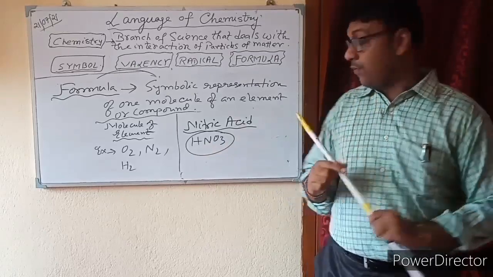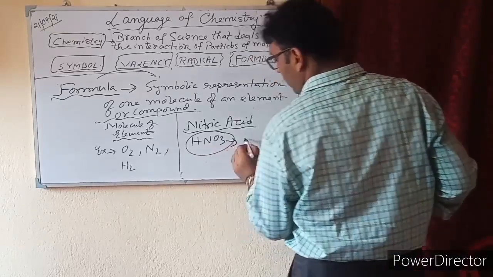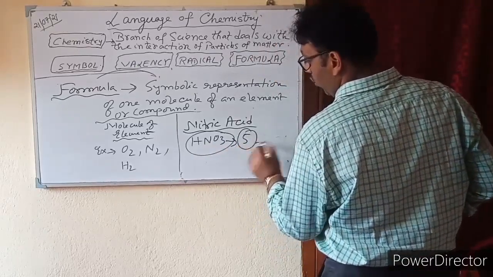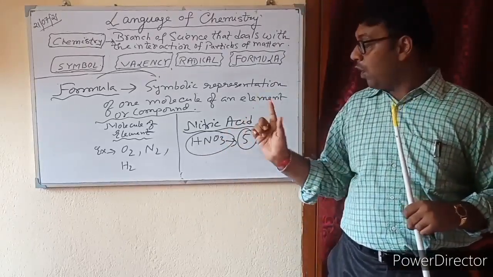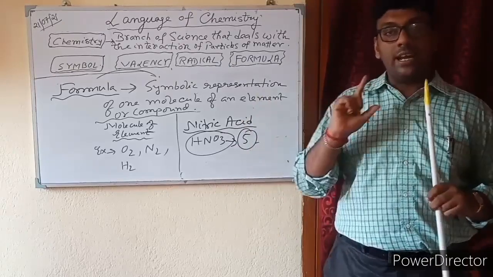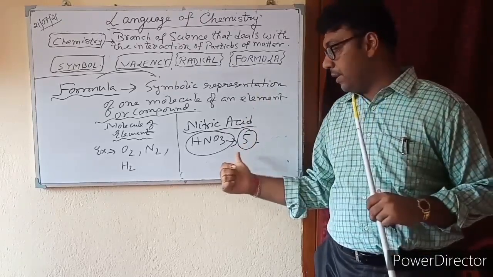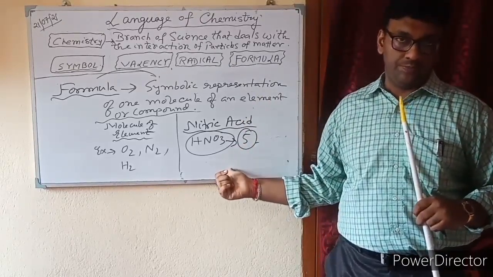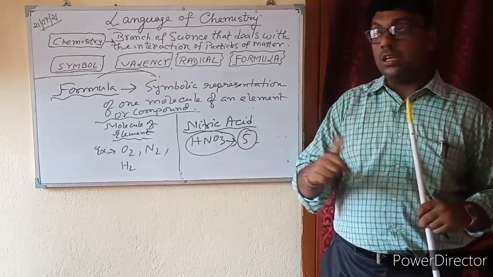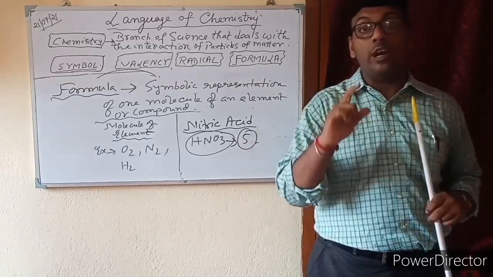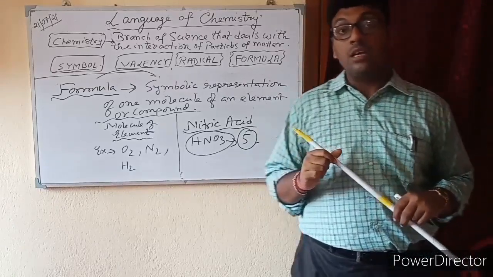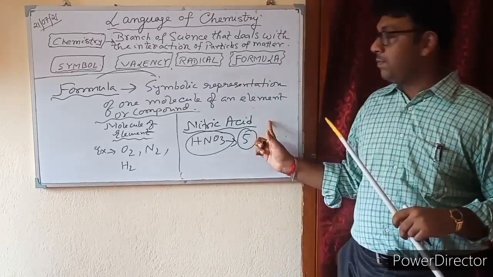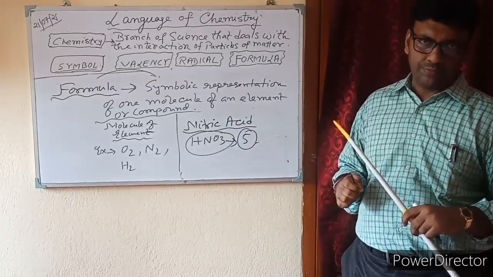So total 5 atoms are there. That is atomicity is 5. And number 3, you can understand the molecular mass of any element or compound. So this is all the significance of chemical formula.